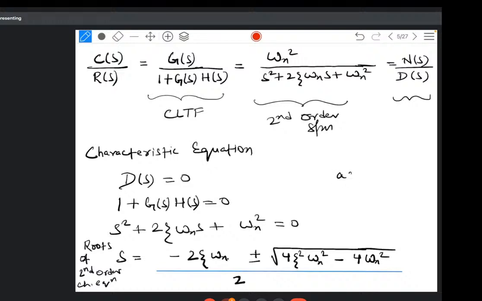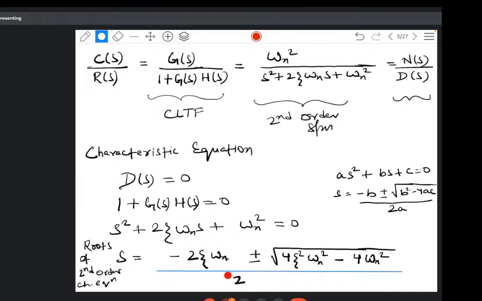I know that if it is a s square plus b s plus c equal to 0, then s will be represented as minus b plus minus under root b square minus 4ac divided by 2a. So this is how I have represented it.